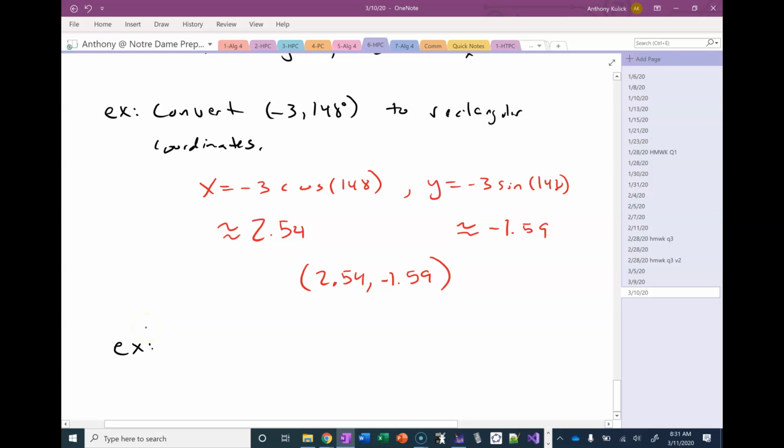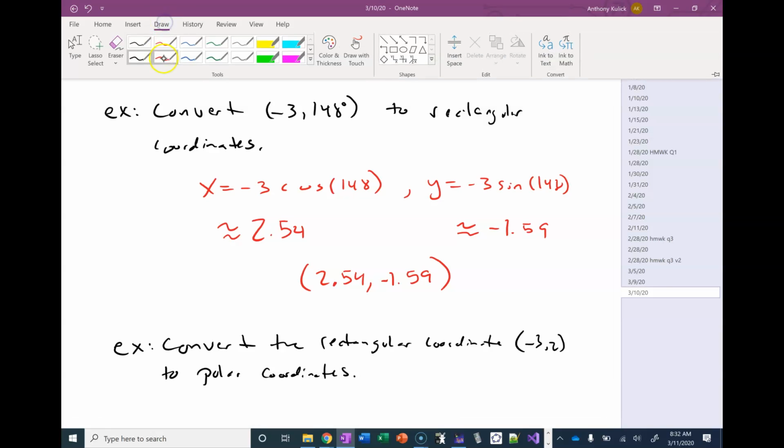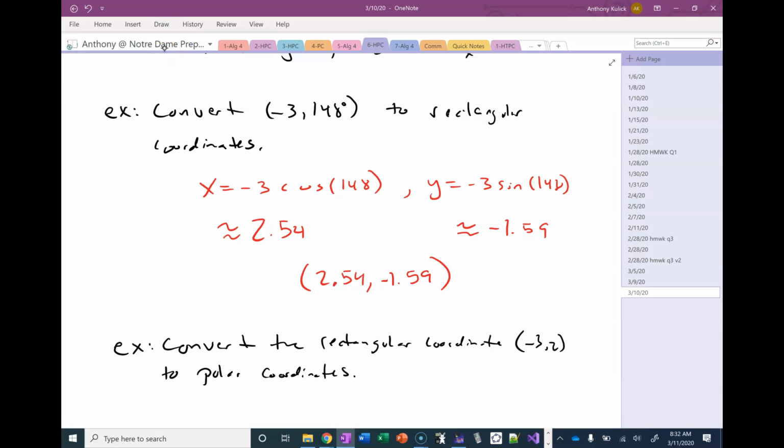So that's pretty easy, right? Let's go the other direction then. Let's take a rectangular coordinate, -3, 2, and rewrite that as a polar coordinate.